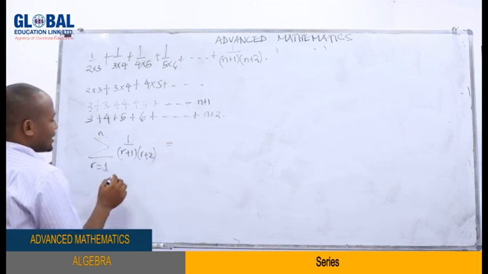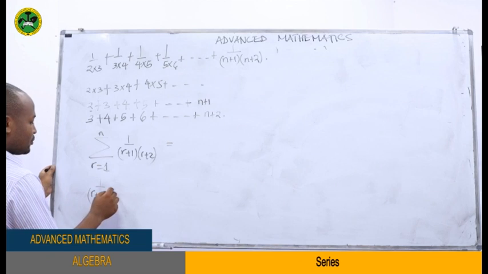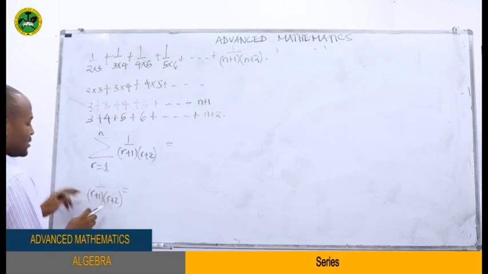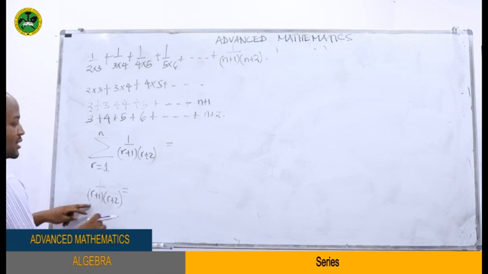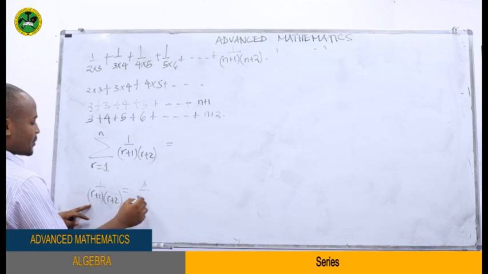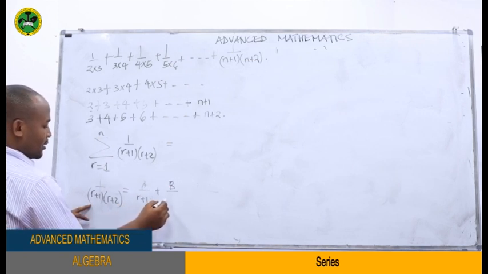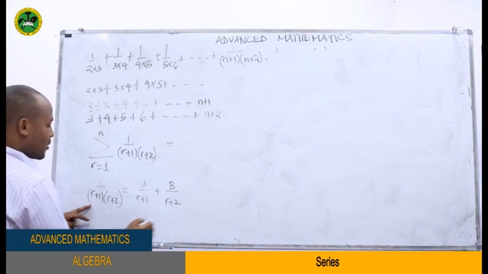Now how do we partialize that? That means we have to write 1 over (r plus 1)(r plus 2), and the rule says if you have two distinct roots, then you are going to have something like this: a over r plus 1, plus b over r plus 2.